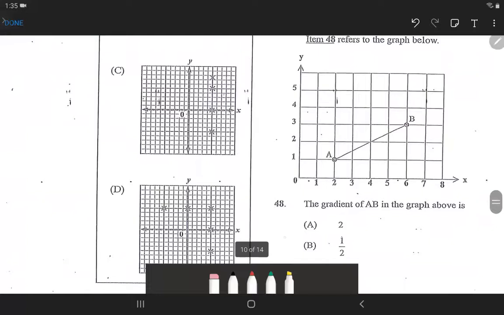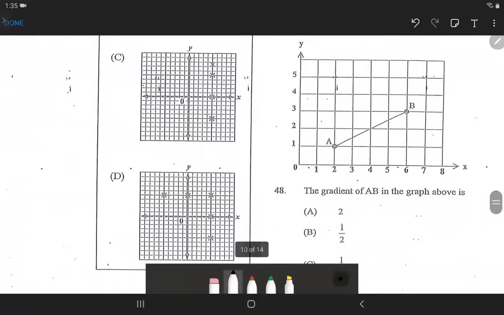The gradient AB, so you remember gradient is, so let's find the point, so that is 6, 3. The 6 on the x, 3 on the y. This point here is 2, 1. 2 on the x, 1 on the y. So the gradient is equal to y2 minus y1 over x2 minus x1.